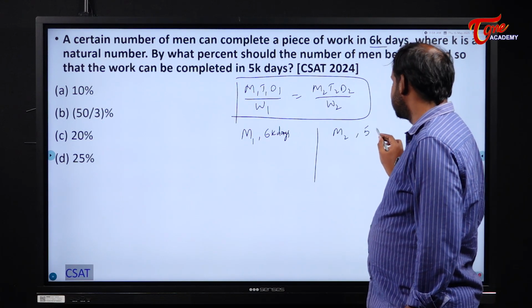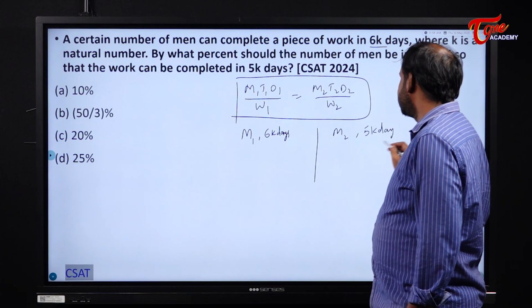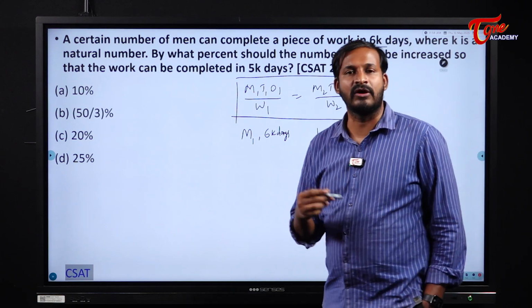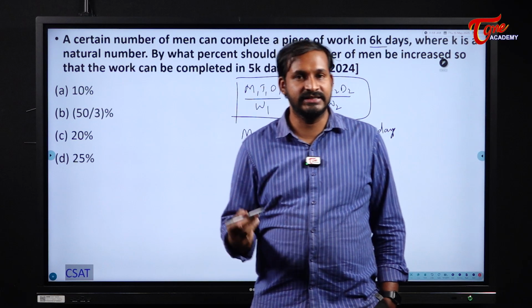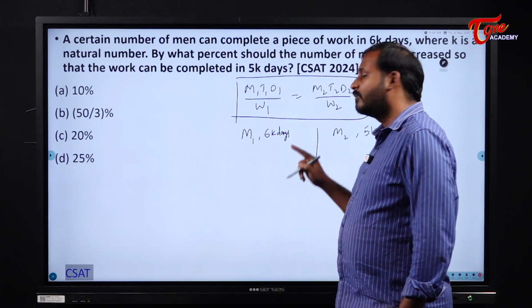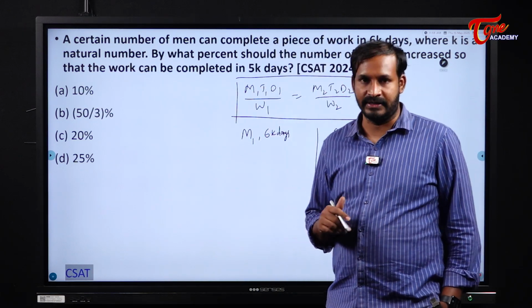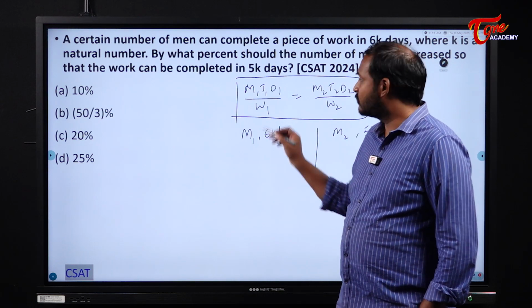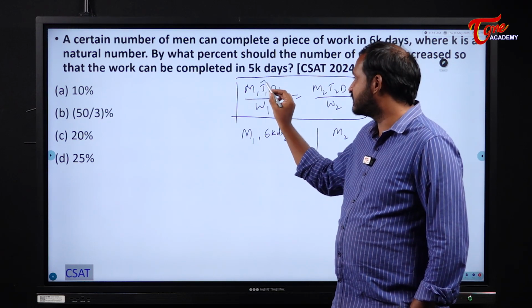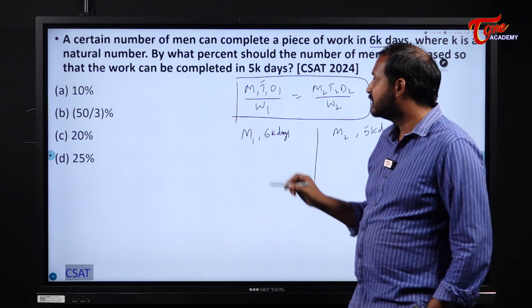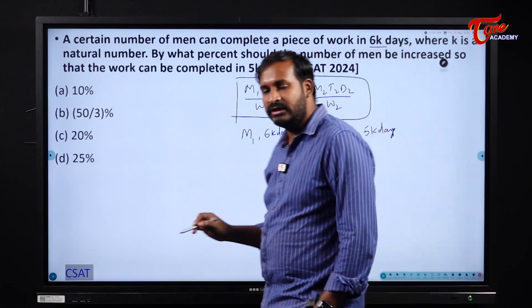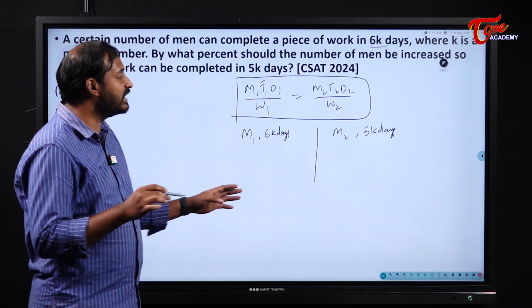Now please see here, students, they didn't mention the time. Time means how many hours they work in a day. If they don't mention it, we will consider that both are working the same hours in a day, so it is negligible. Here they didn't mention times, so no need to write about times. And next, when it comes to work, are they doing the same work or different work? Actually they are doing the same work.